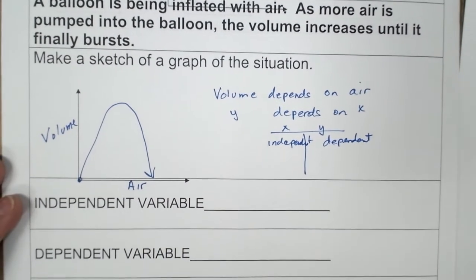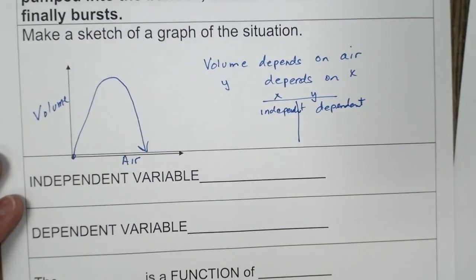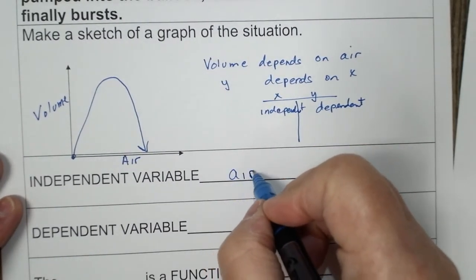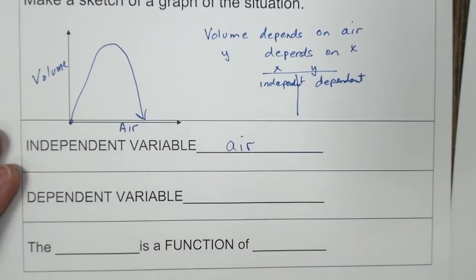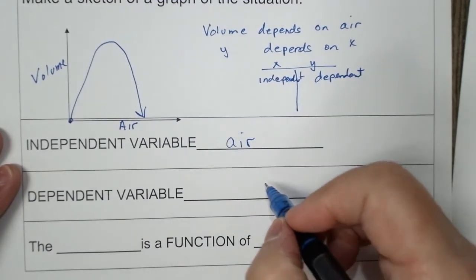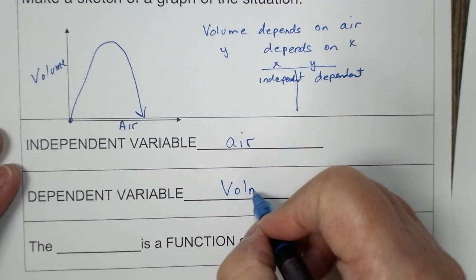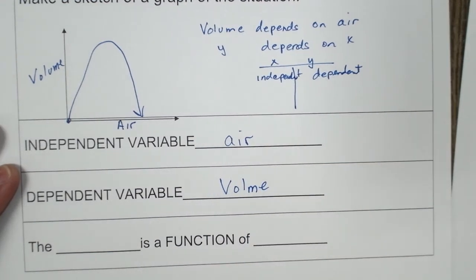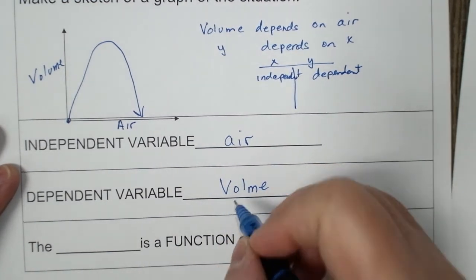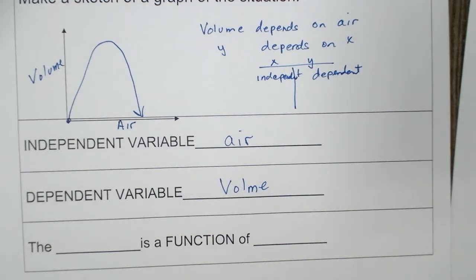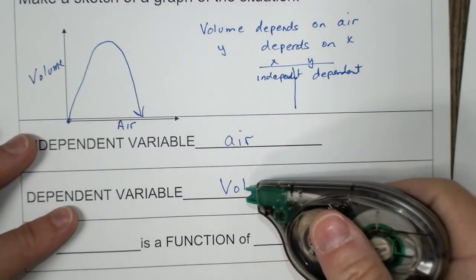My independent variable is air. My dependent variable is volume. Didn't spell that very well. Let me fix that.